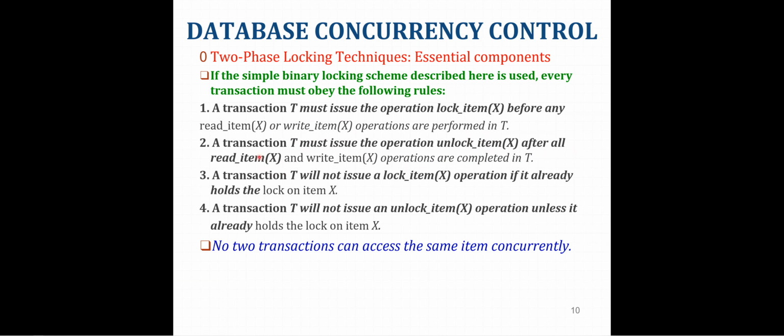Whenever you finish all operations, you put the unlock item. Transaction T will not issue a lock item operation if it already holds the lock on item X. So you cannot lock an item which is already locked. And lastly, you cannot unlock an item which is already unlocked. No two transactions can access the same item concurrently. And this is the summary of binary locking.